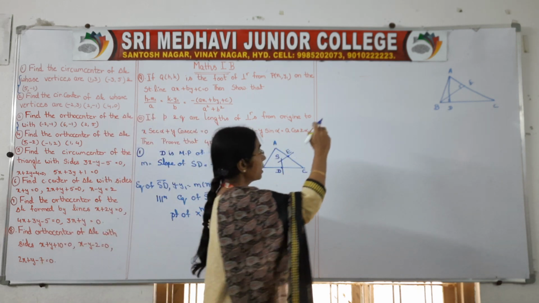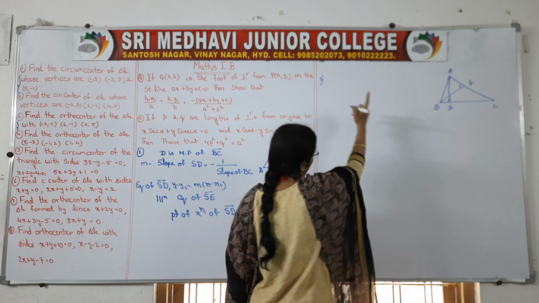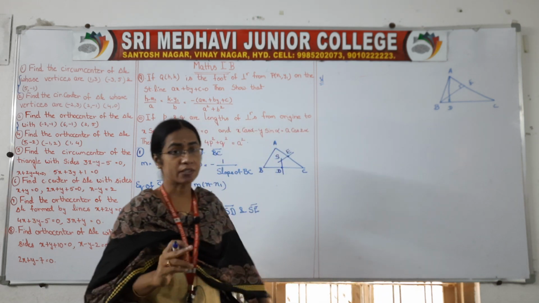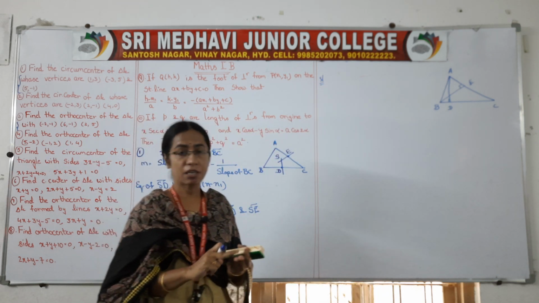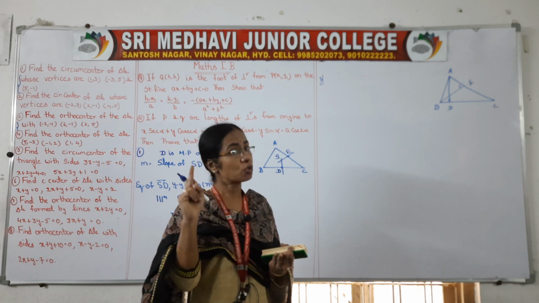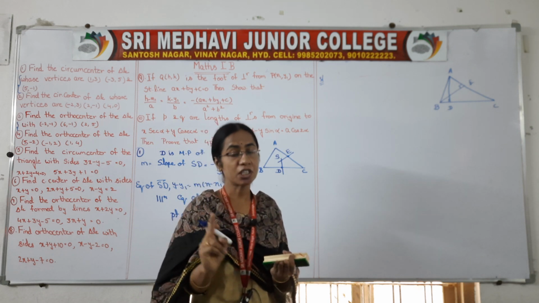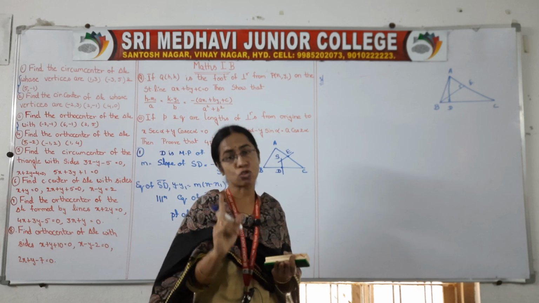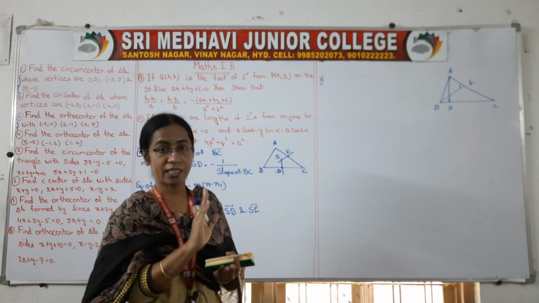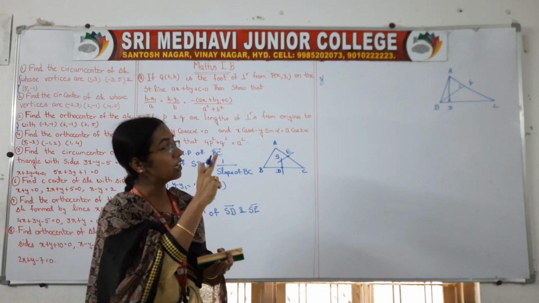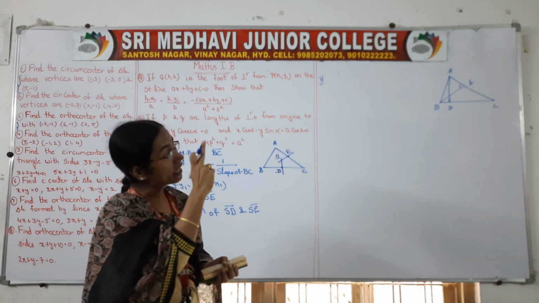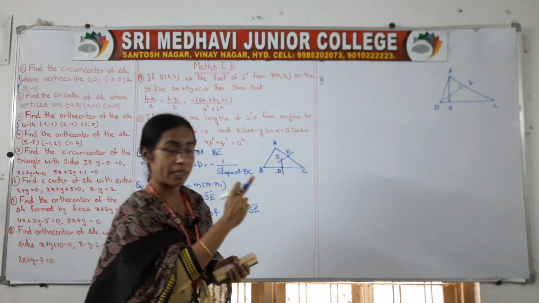Very simple. In this problem, all three vertices A, B, C are given to us. To write any line equation, we need one point and slope. A is with us, it is given in the question. So we want the slope of AD, where AD is perpendicular to BC.